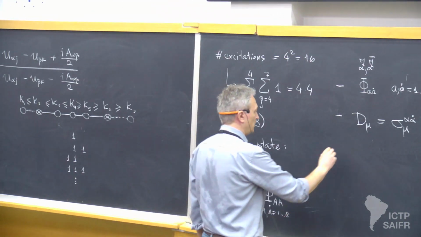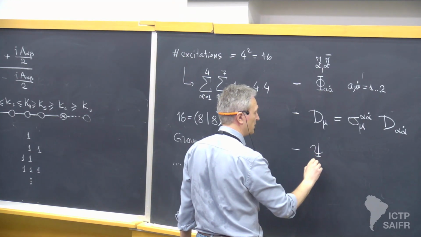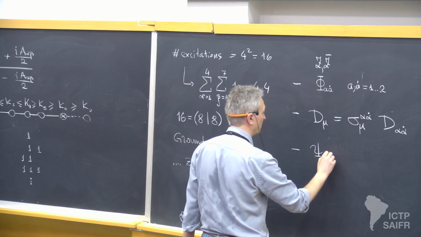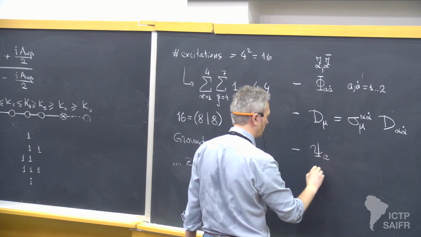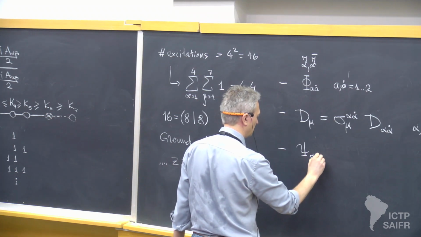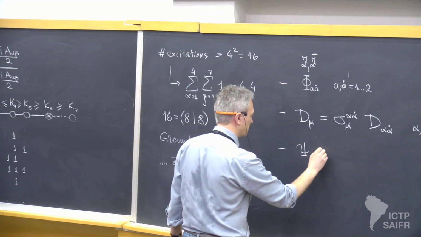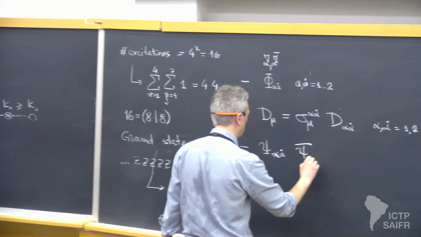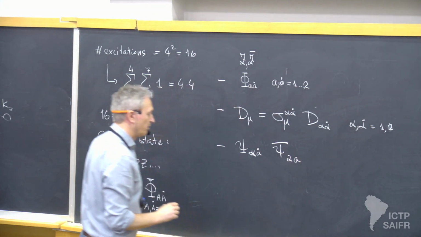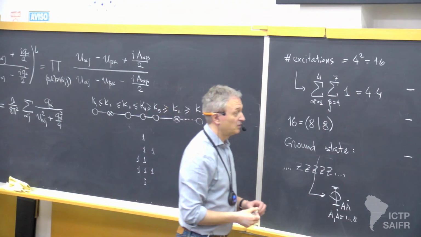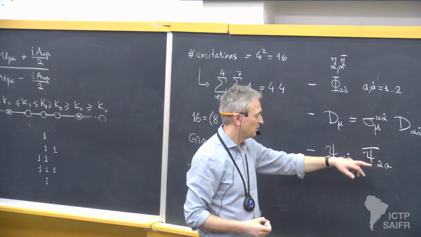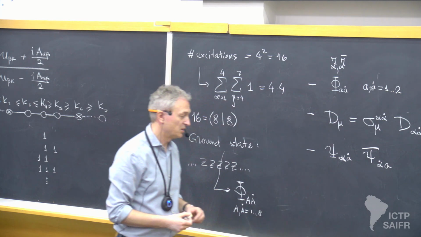And for fermions, one can show that they have the same index structure, so they can have either one undotted index and the other dotted index, or vice versa. So in total, we have 4 plus 4 bosonic excitations and also 4 plus 4 fermionic excitations.